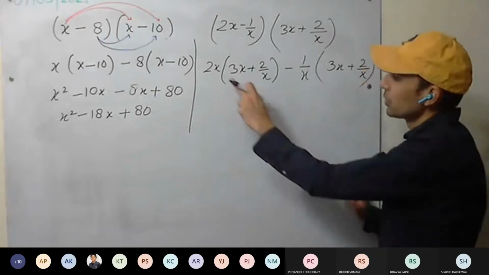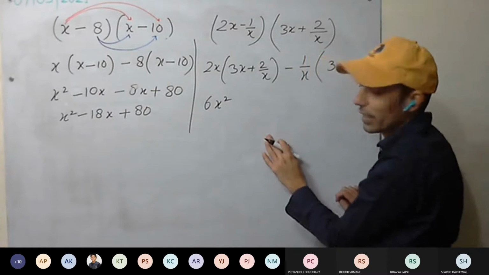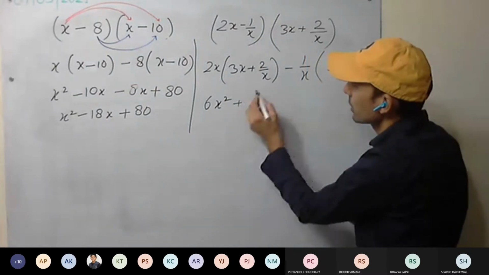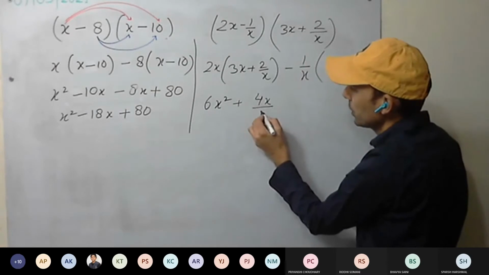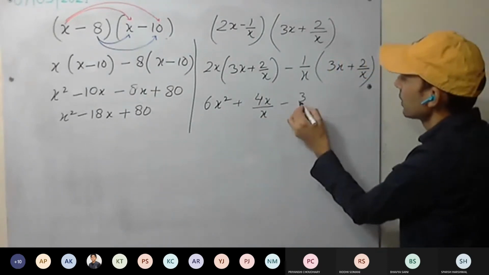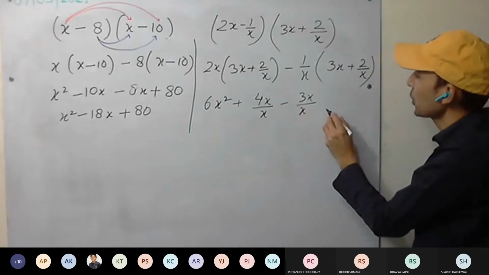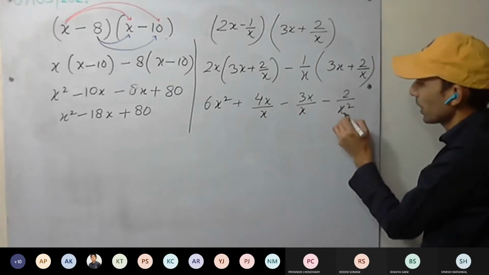Okay. So 2x into 3x, 6x square, plus 2x into 2, 4x upon x, minus 3x upon x. And don't skip the steps. Minus 2 upon x square.